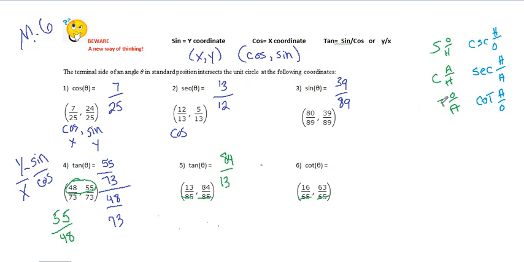So if tangent is y over x, then the cotangent is going to be x over y. So the denominators have canceled out, so it's going to be 16 over 63.